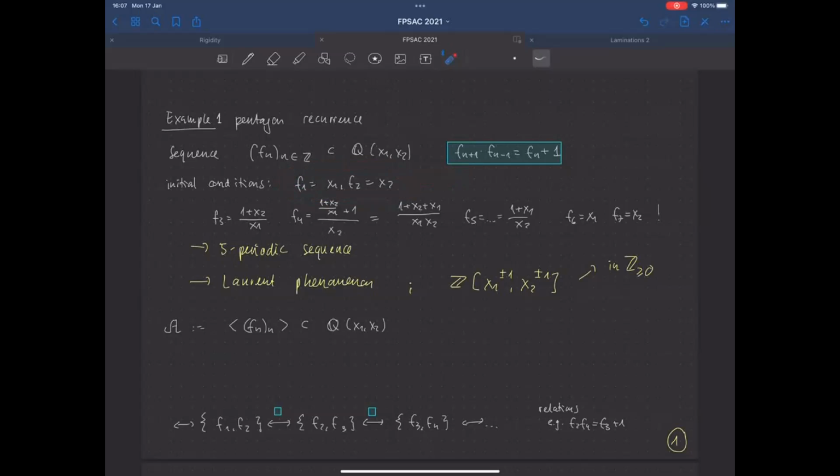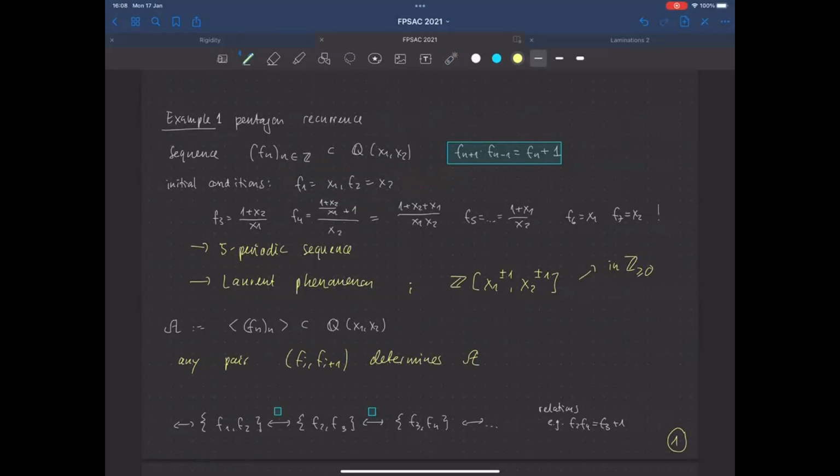So it's a subring generated by all the Fi inside the field of rational functions on x1 and x2. And in fact, any pair of successive elements determines the whole cluster algebra, because we have this rule, we only need two neighboring elements to get everything else.